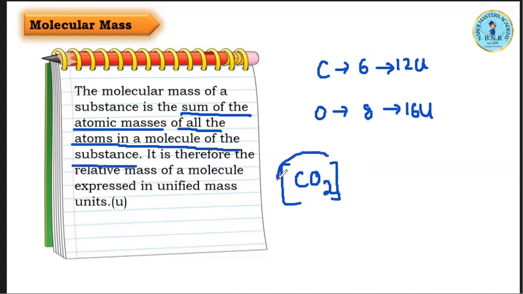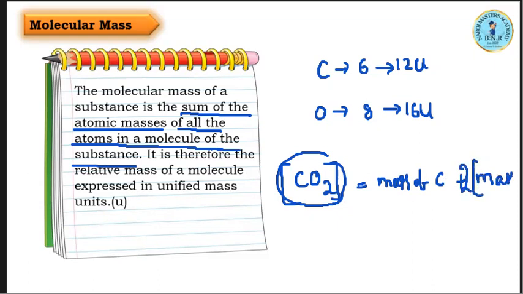Here it is a molecule CO2. Molecular mass of CO2 is mass of C plus 2 times the mass of oxygen. Why? Because here 2 is there. Is it clear?